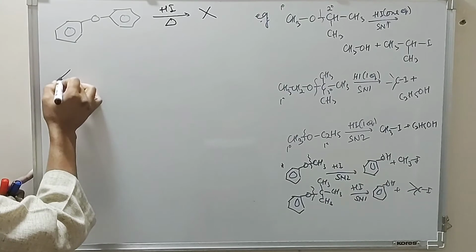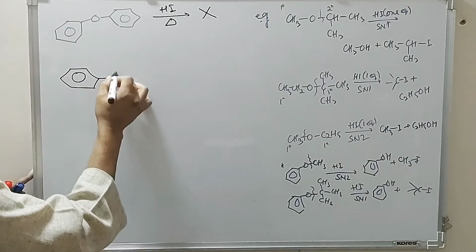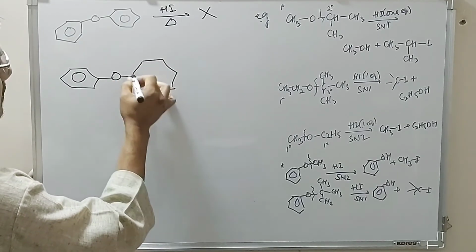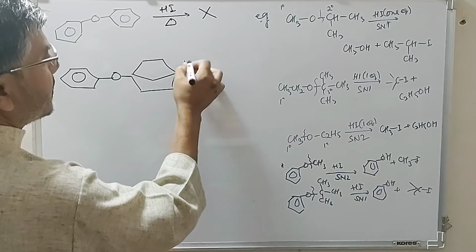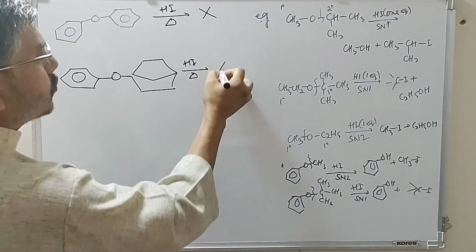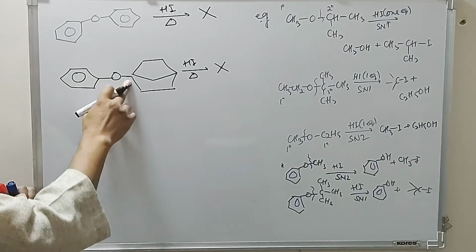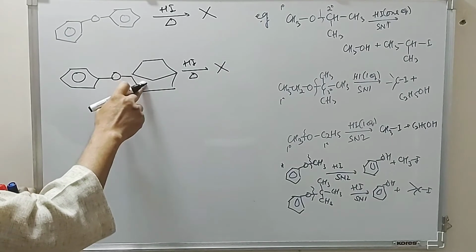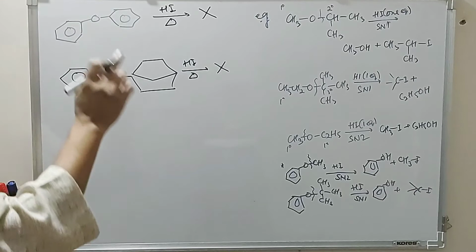Take this. This is aryl. We look at this. This is a cyclic ether. If we heat with this HI, also no reaction takes place because we cannot have SN2 as well as SN1 at this carbon. This being a bridgehead, due to the presence of this bridge, rear side attack is prevented, so no SN2.